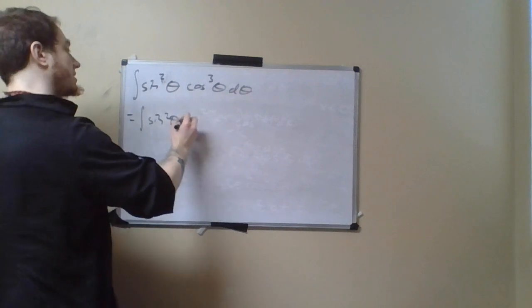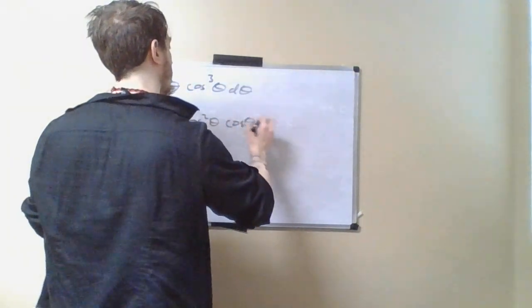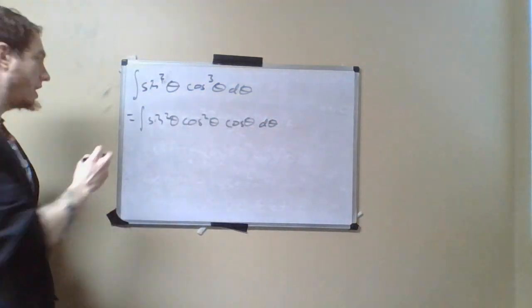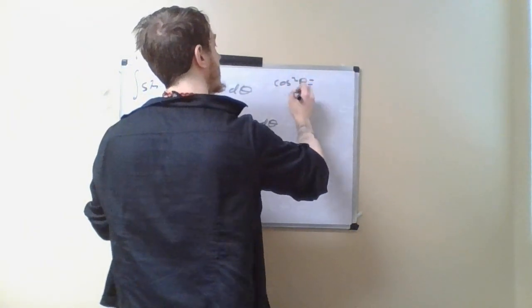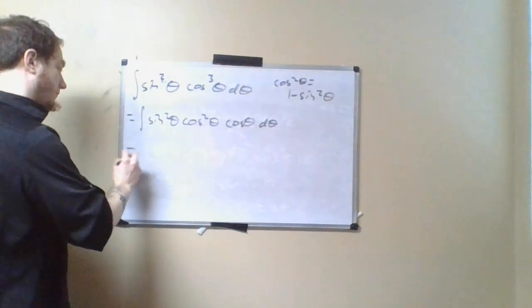That leaves me with sine squared, cosine squared, and a final cosine theta. And then what I can do is use the fact that cosine squared theta is 1 minus sine squared theta.